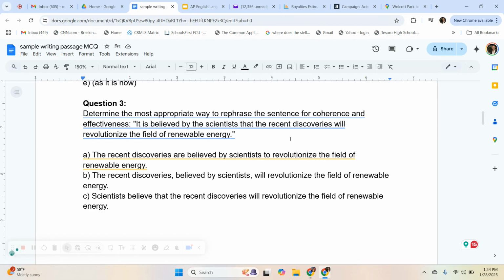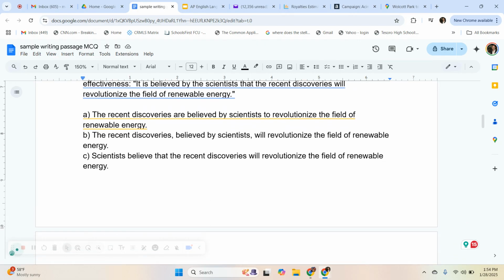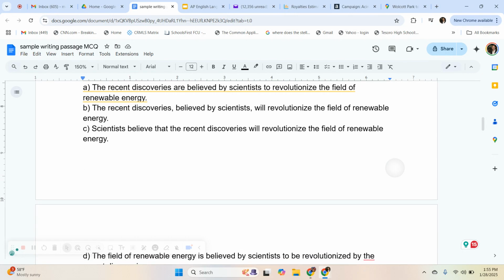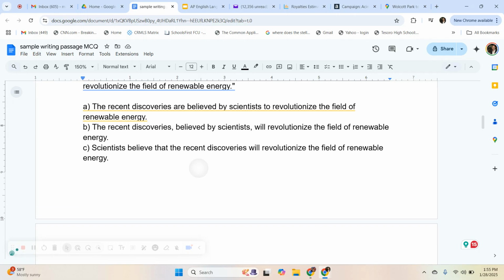That's possible. B, the recent discoveries, comma, believed by scientists, comma, will revolutionize the field of renewable energy. That one's a little bit choppy with the commas. And C, scientists believe that the recent discoveries will revolutionize the field of renewable energy. That one sounds really good.